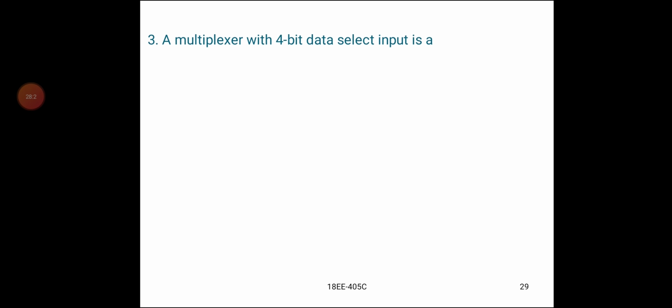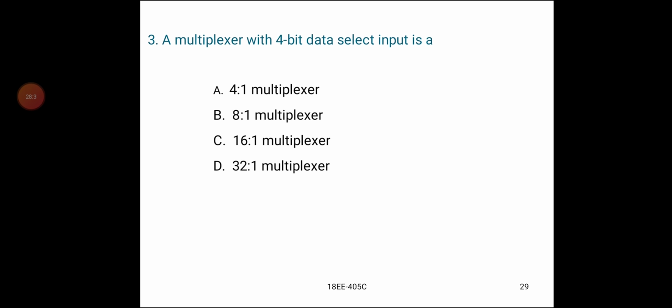Question: a multiplexer with 4-bit data select input is a: 4-to-1 multiplexer, 8-to-1 multiplexer, 16-to-1 multiplexer, or 32-to-1 multiplexer.